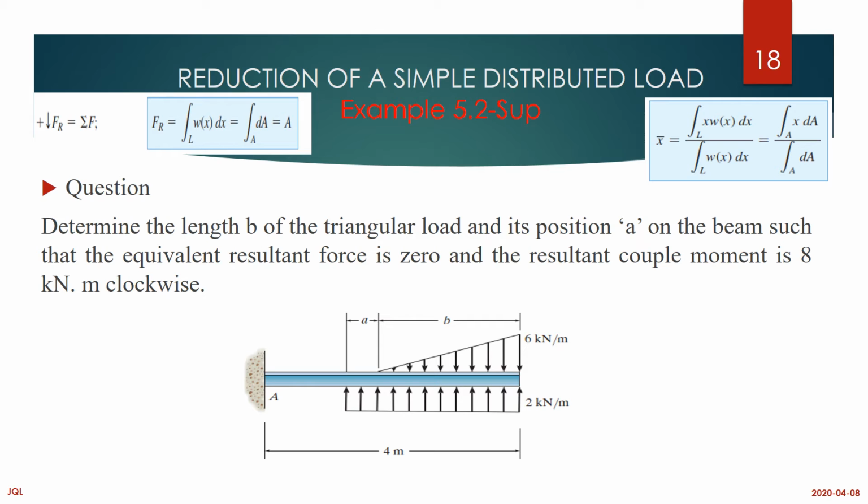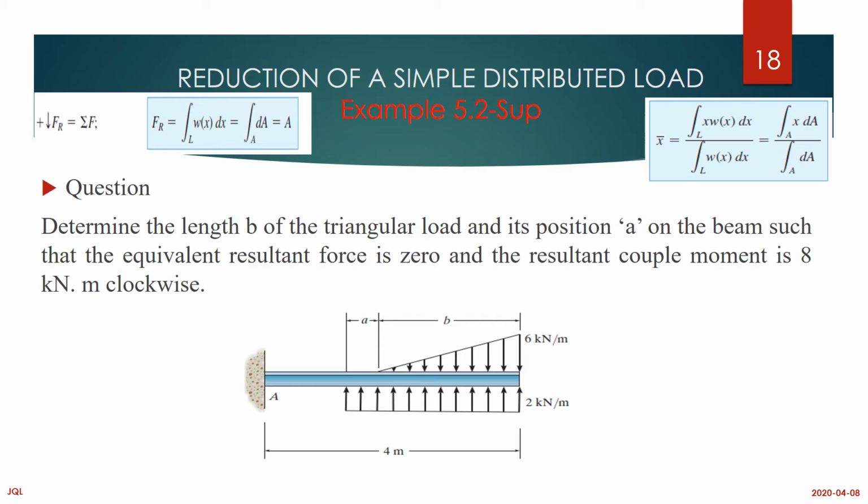So in this case, what do we have? We have the load 6 kN and we have the other load facing the other side, which is 2 kN/meter. This one is a triangle, the other one is a rectangle.